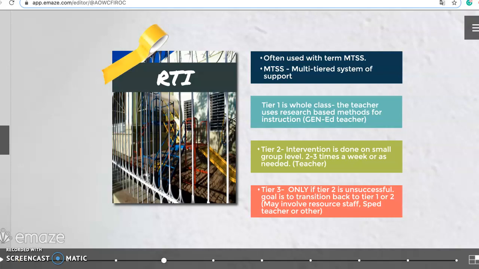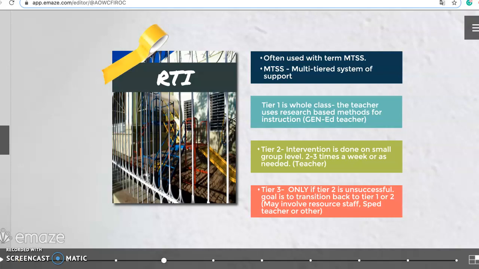Tier 3 is the most specific and intensive level of intervention. And it may involve other resource staff, not necessarily just the gen ed teacher at this point. A special education teacher or other staff may be called to help intervene.